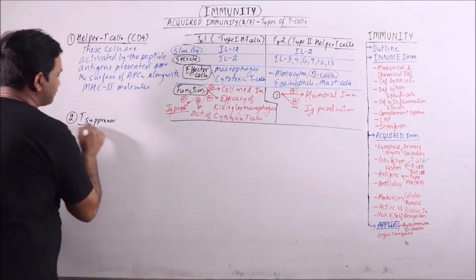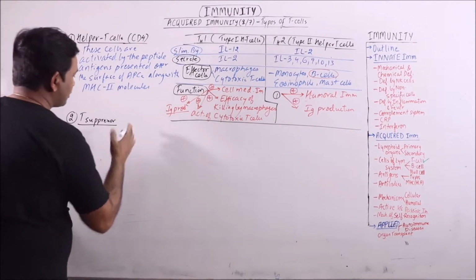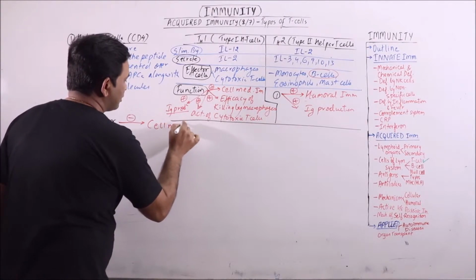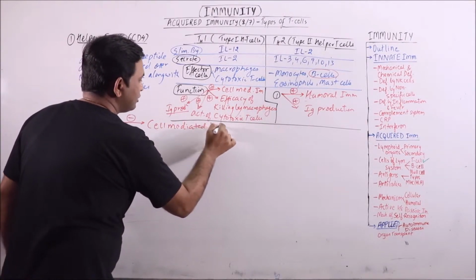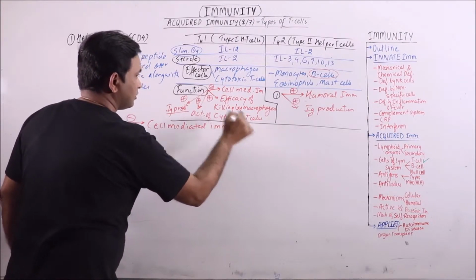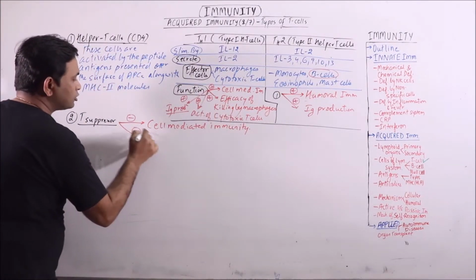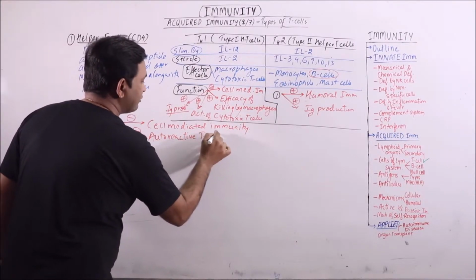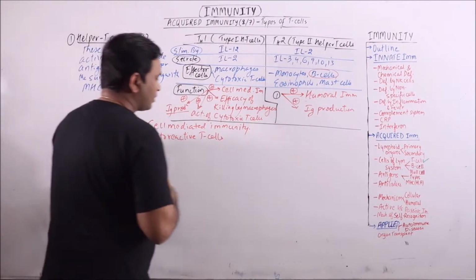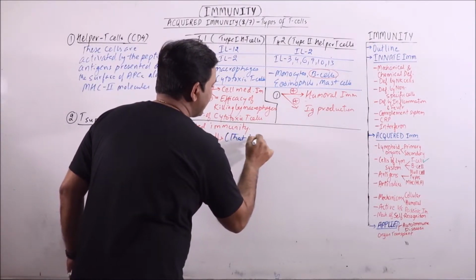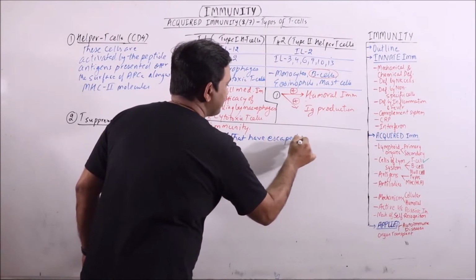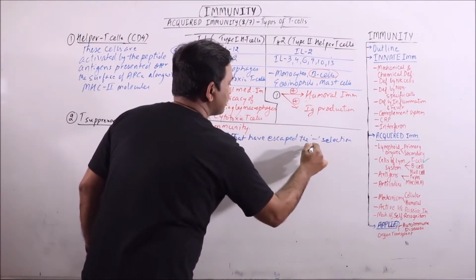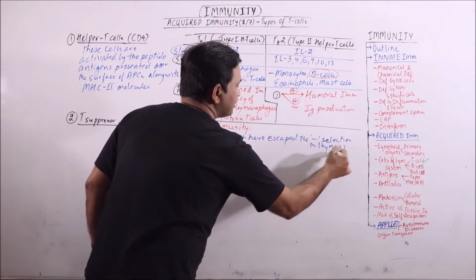Second is T suppressor cells. Their main function is to inhibit the cell mediated immunity, and these also inhibit the autoreactive T cells that have escaped the negative selection in thymus gland.